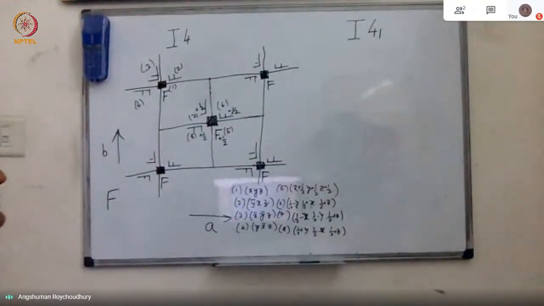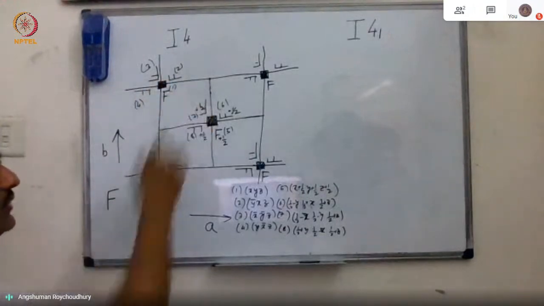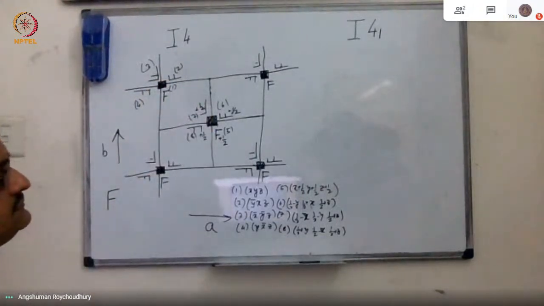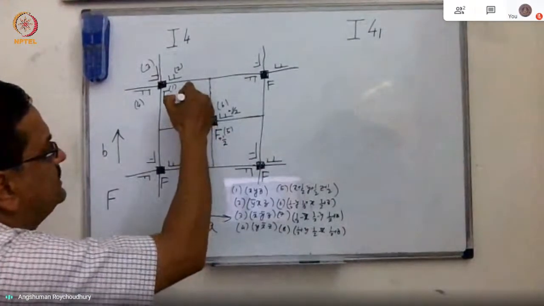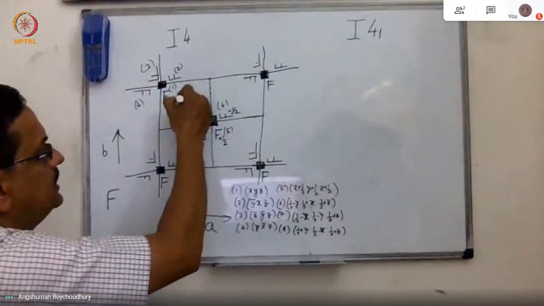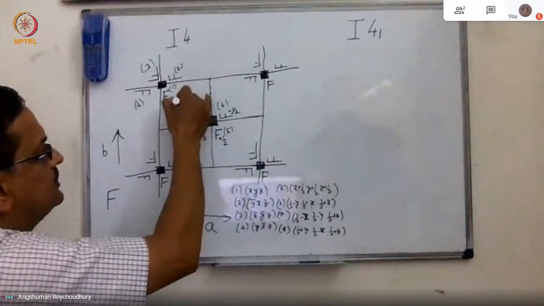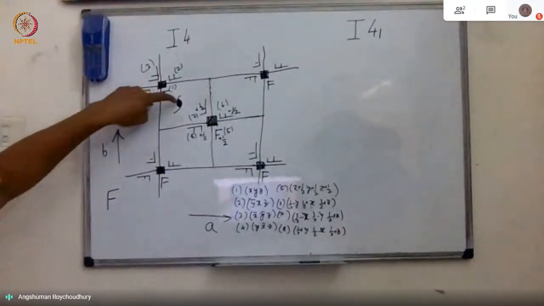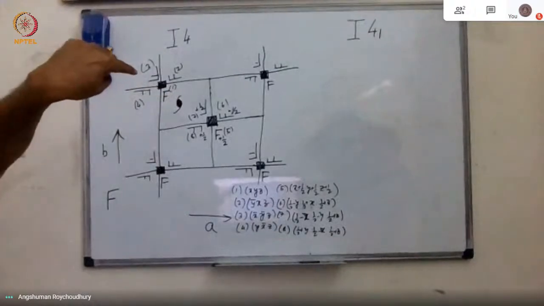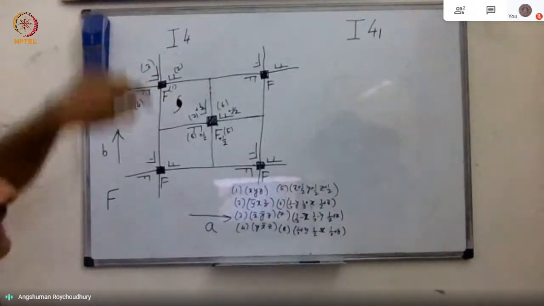Now can somebody tell me what is the relationship between 1 and 7? The relationship between 1 and 7 is nothing but a 2-1 screw located at 1/4 along B and 1/4 along A, parallel to C. You get it?